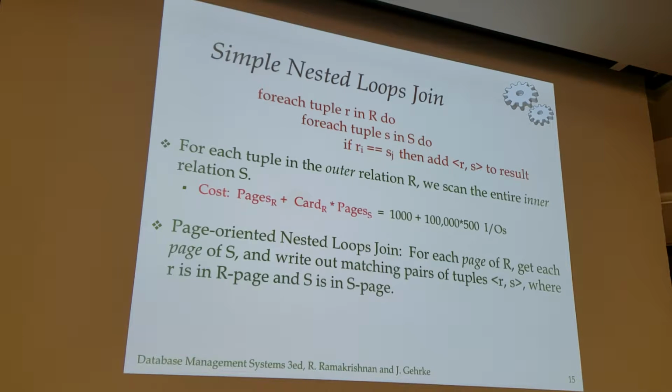There's an algorithm, and I want to emphasize this is the page-oriented nested loop join. It is different from the block nested loop join, which we talked about last time.